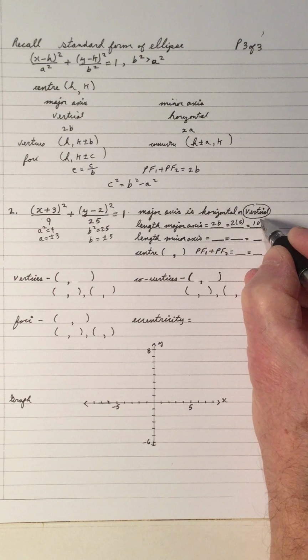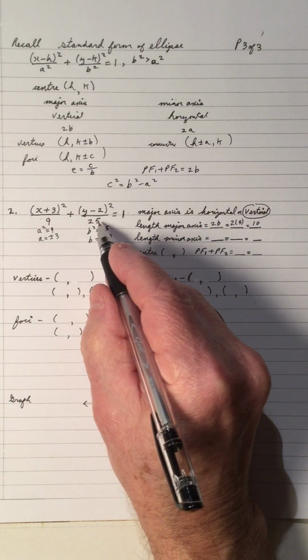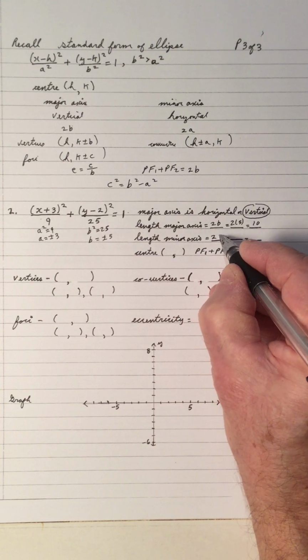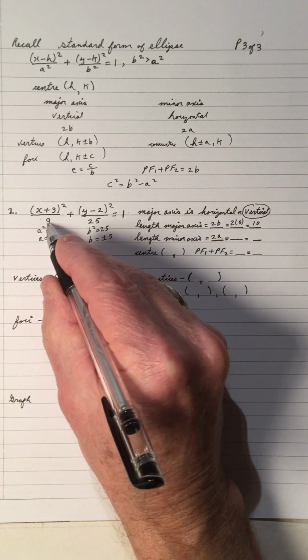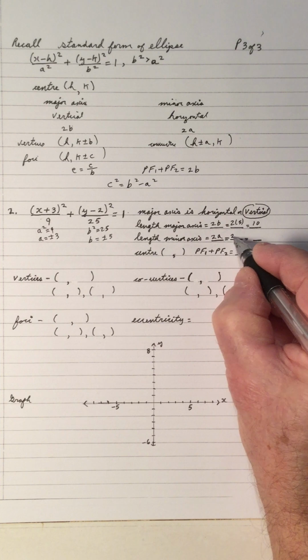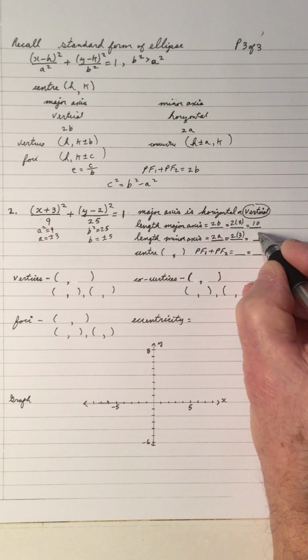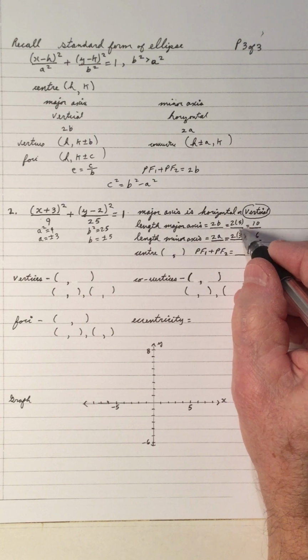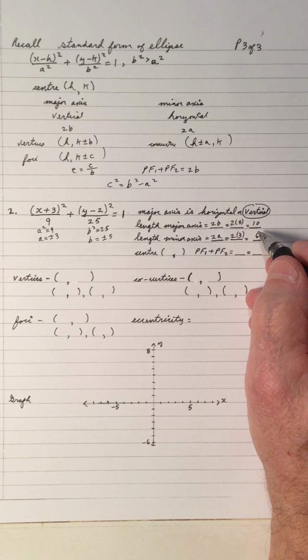So the major axis is 10 long because it's 5 up, 5 down, 10. The minor axis is the a, a squared is 9, so a is 3, and we get 6. Notice in terms of length, I don't put a negative in here. I just put a positive to get the distance between them.